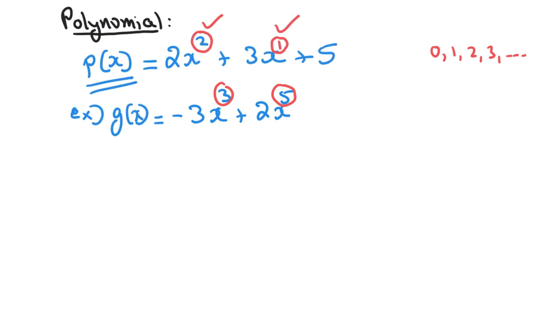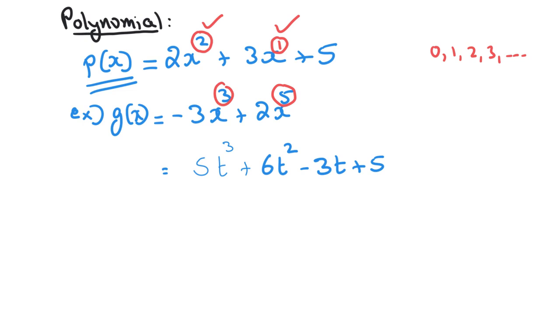Fine. Let's take another example. 5t to the power 3 plus 6t to the power 2 minus 3t to the power 1, because it's 1 we don't write it, plus 5. Is this a polynomial?